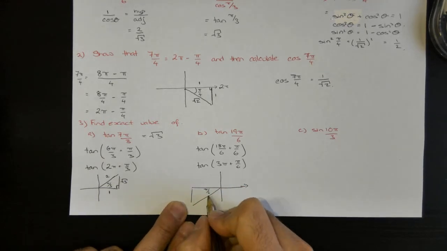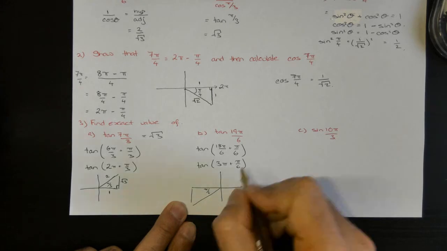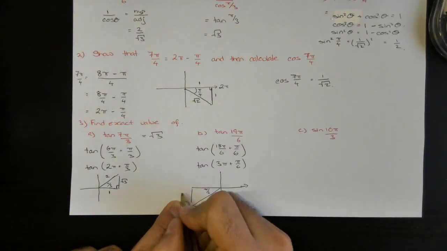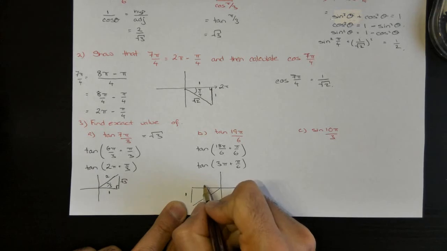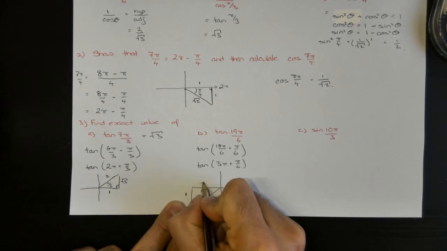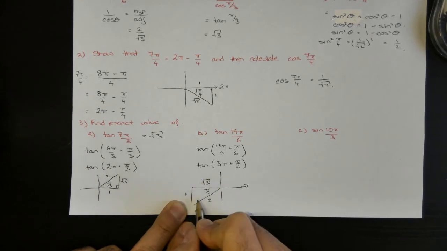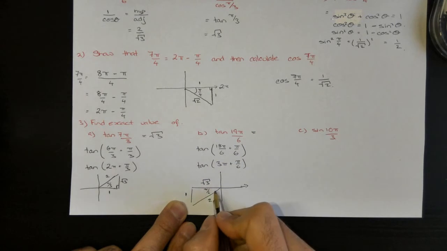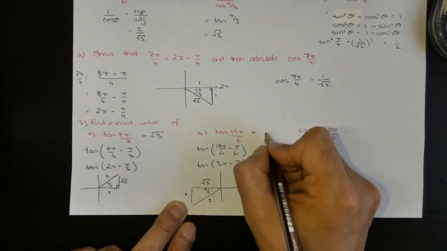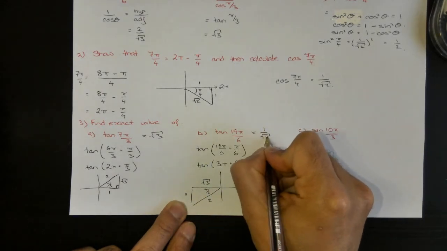Using my exact triangles, I get this to be 1, this to be 2, and that root 3. Tan is positive in the third quadrant. So if I want opposite over adjacent, I get 1 over root 3.